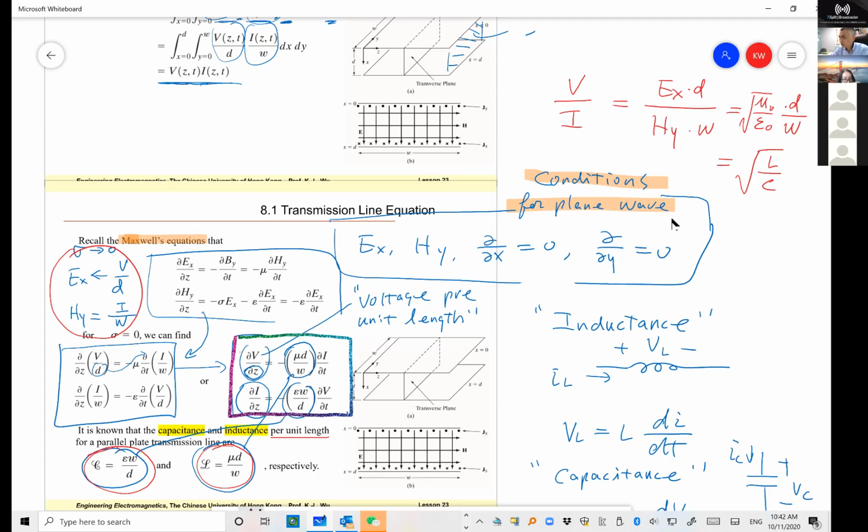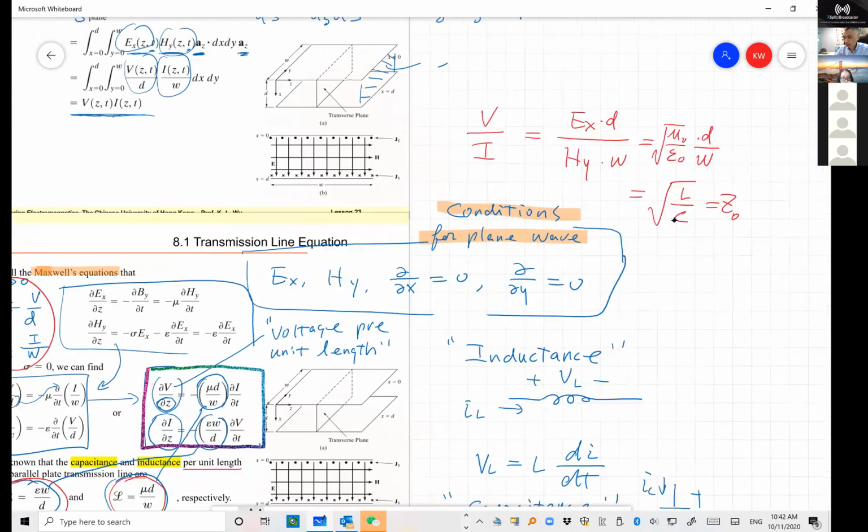So we don't use eta anymore; we use characteristic impedance for a transmission line. This is almost an international and universal convention. We use the subscript zero to describe the characteristic impedance of the transmission line, which is determined by the inductance and capacitance per unit length.